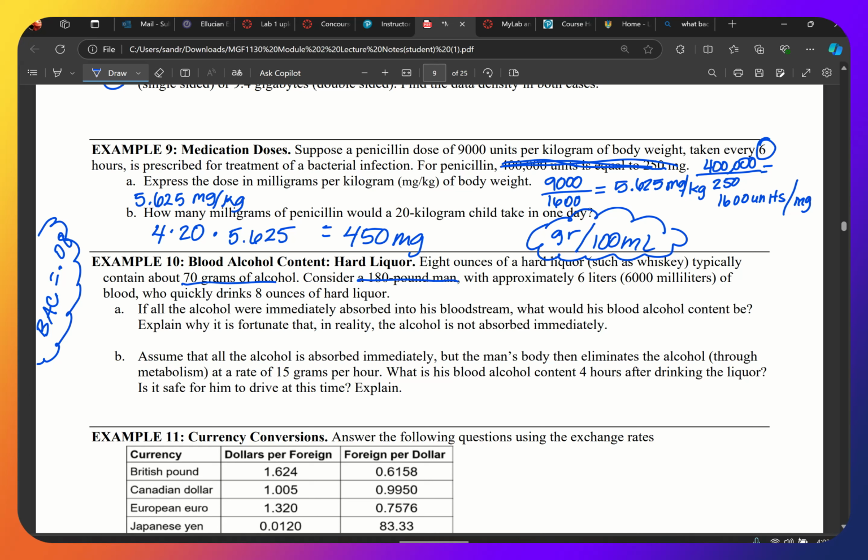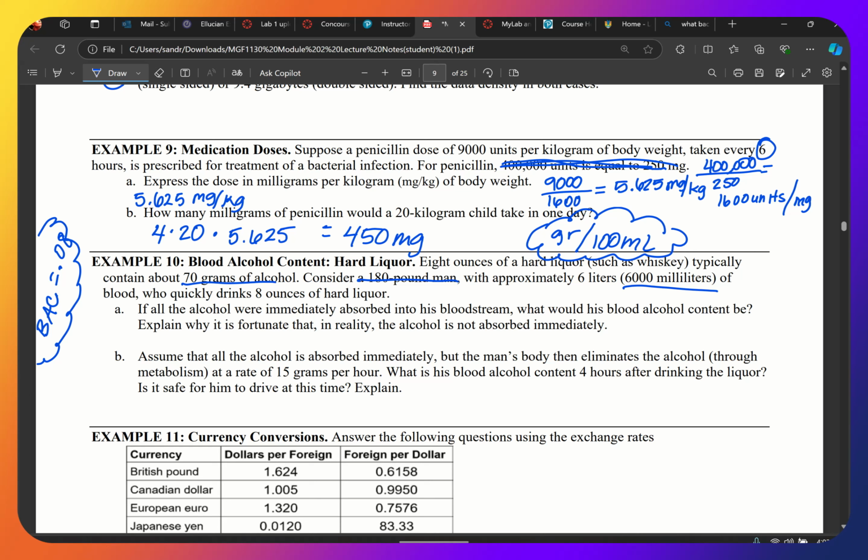We don't really need that. Approximately 6 liters, 6,000 milliliters of blood. We need this because it's milliliters of blood we need. But it's 6,000 milliliters, and this is grams per 100 milliliters.